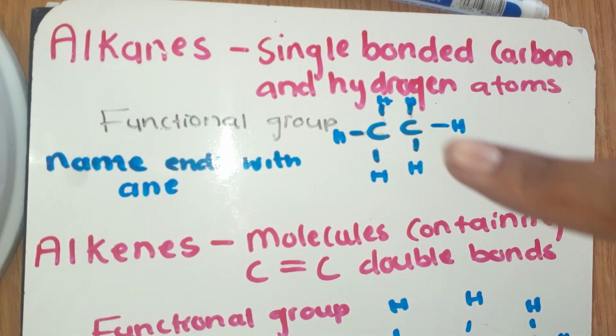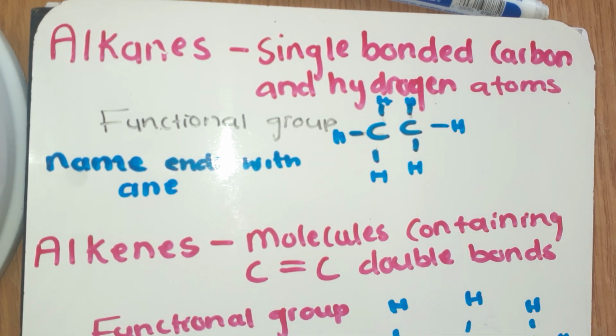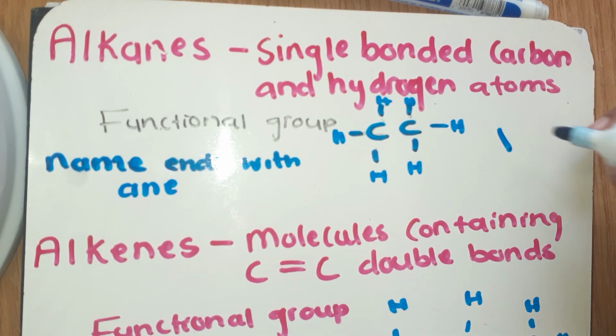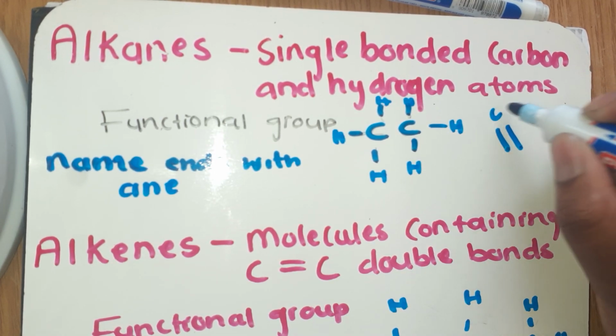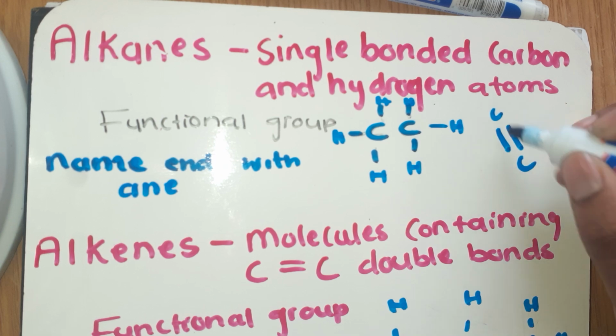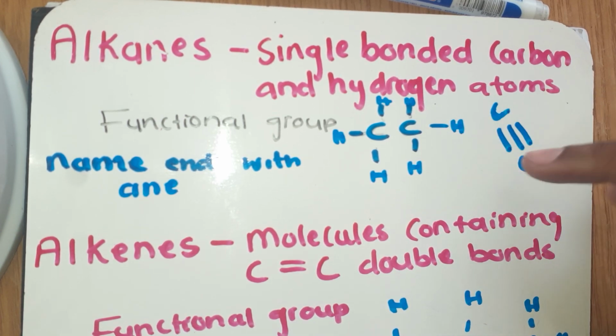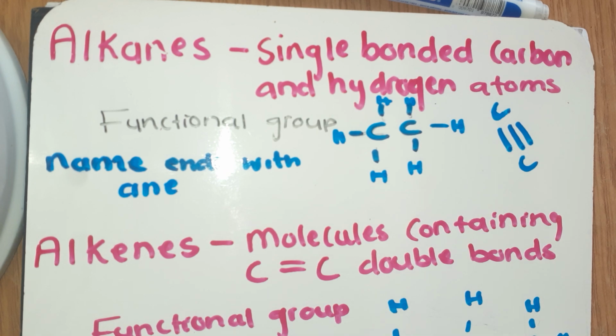A single bond is seen by this one line. If it's a line like this, it is a single bond. If lines like this, carbon and carbon, or carbon and hydrogen, these are double bonds. And then if we have the third one like this, these are called triple bonds.